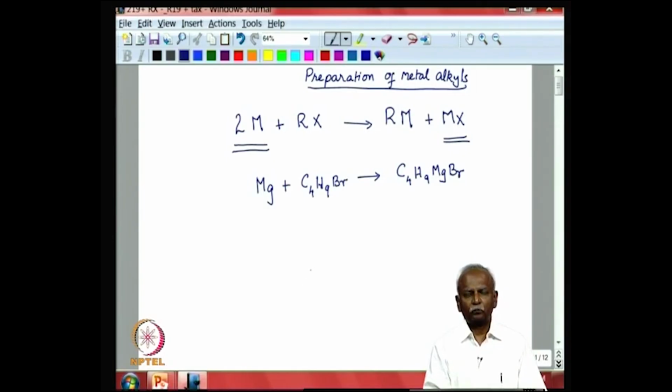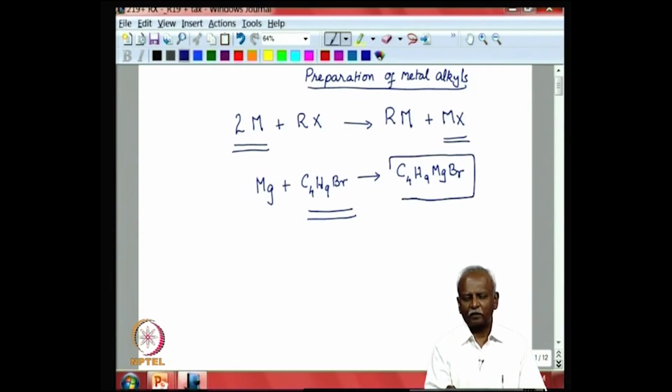So, if you take the reaction between an alkyl bromide like butyl bromide, this is probably one of the most familiar and most common reagents that is used in organometallic chemistry. So, if you treat butyl bromide with magnesium, one ends up with butyl magnesium bromide, which is C4H9MgBr.